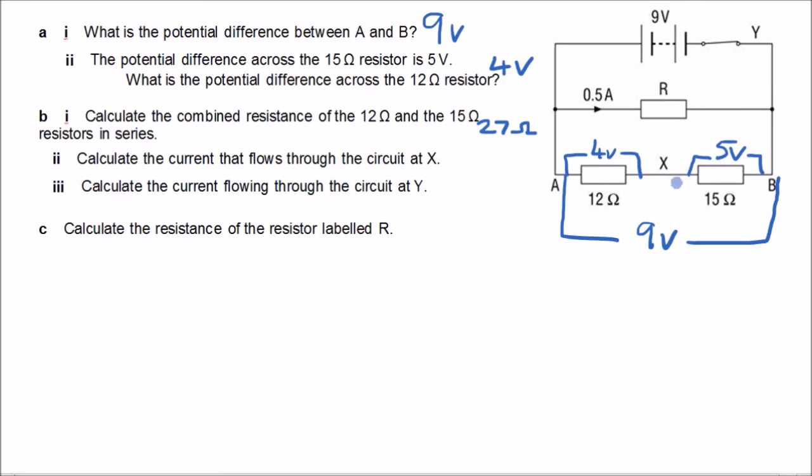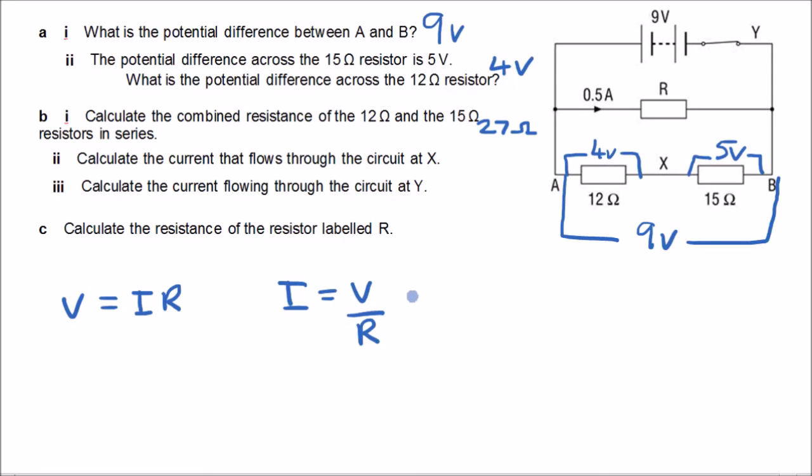Okay, B part 2, calculate the current that flows through the circuit at X. So X is here. What current flows through this circuit? Well, we've just found the combined resistance of these two resistors. So we have R. We want to find the current, which is I, and we have the voltage, which is V, 9 volts. We know that V equals I times R. That's Ohm's law once again. And we want I. So I is going to be equal to V divided by R if we rearrange this equation.